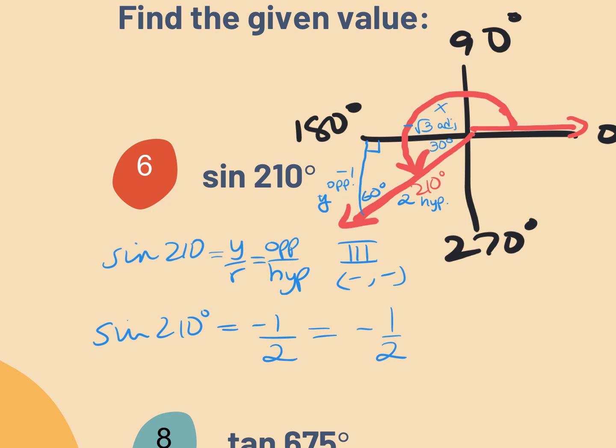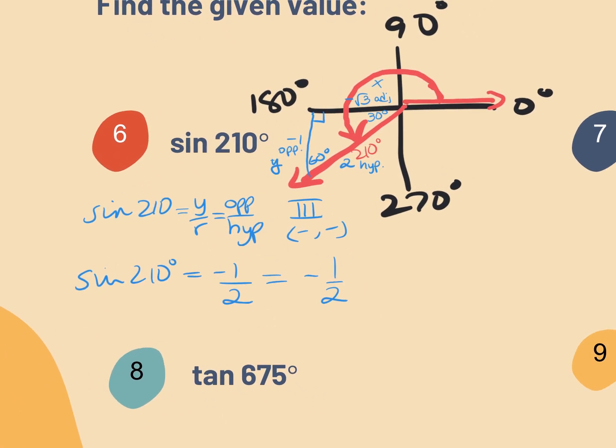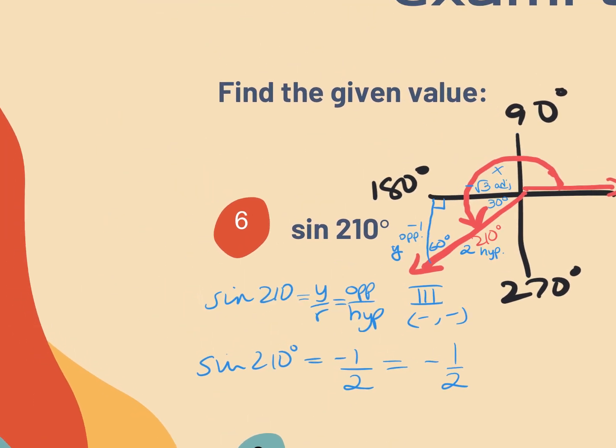Now, there's actually two different angles that will give me negative 1/2 when I do sine of it. So I need to figure out what other quadrant will give me this same value and what angle it is. So I'm going to do my All Students Take Calculus.